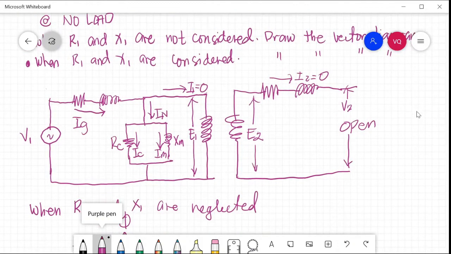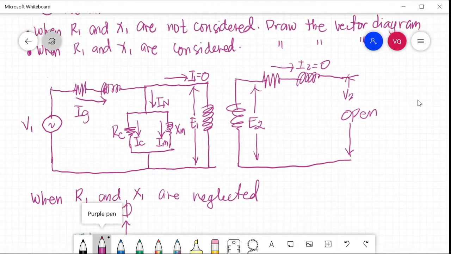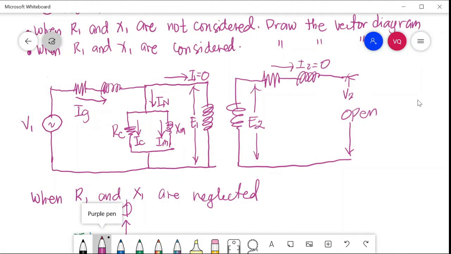So this is the equivalent circuit diagram of a practical transformer when our load side is open, or no load. This is our X1 and R1. IG is the generated current, of course from our generated voltage, V1, or the input voltage.